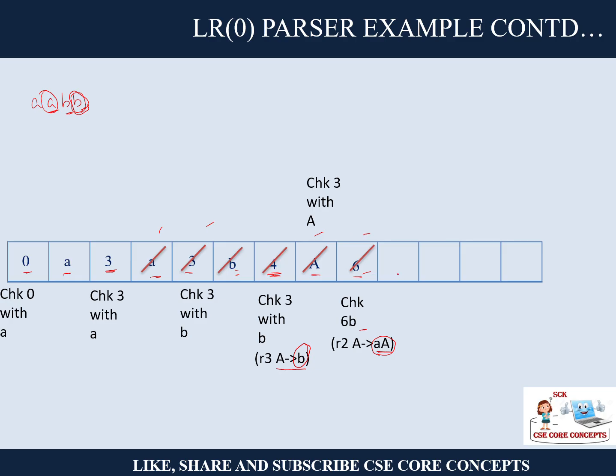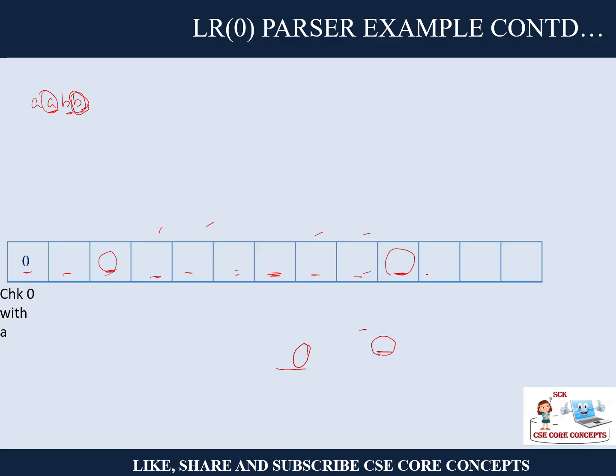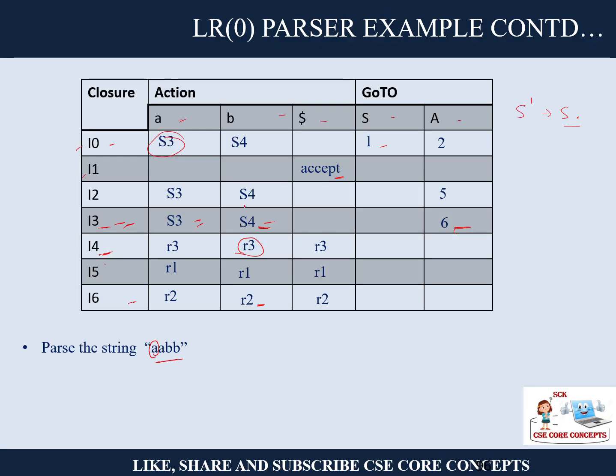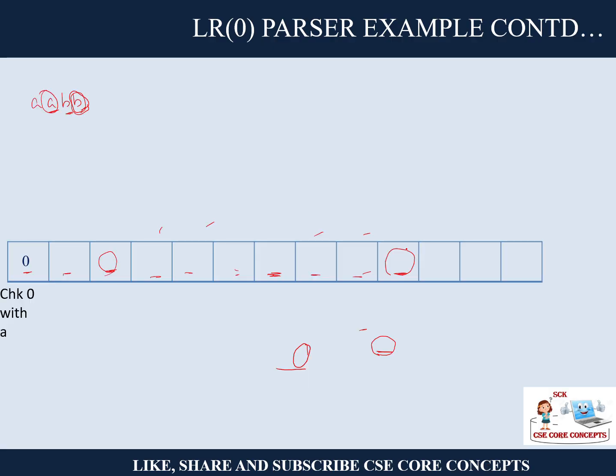And you are going to replace it with the left hand side of the rule, that is A. Now you check with the top of the stack, that is 3 and A. Now what does your 3 and A give? Let's check here. Closure 3 with capital A gives again 6. Okay, so there is again a 6.